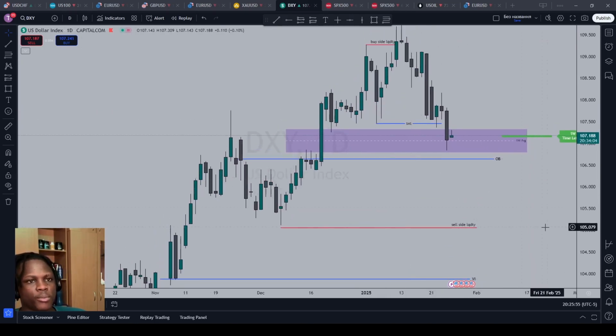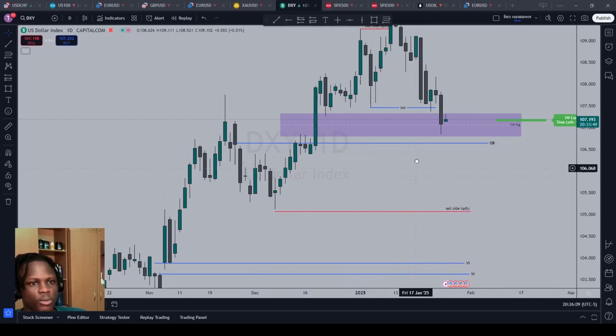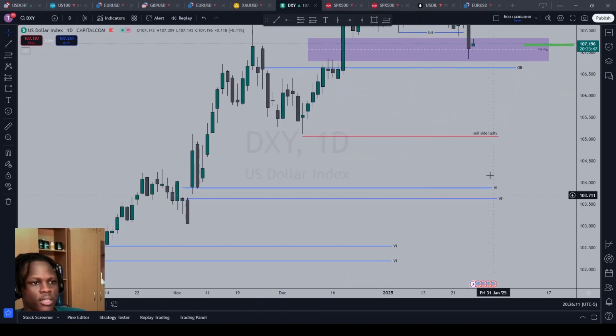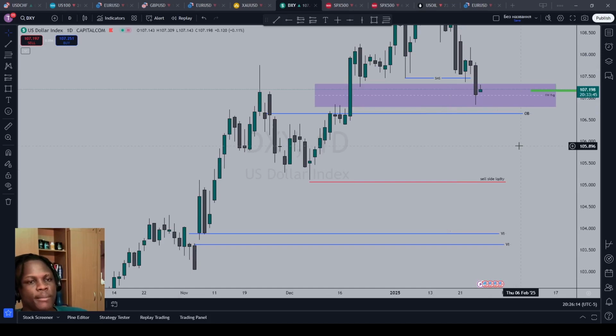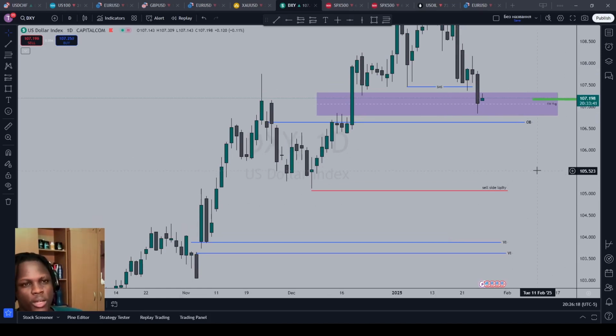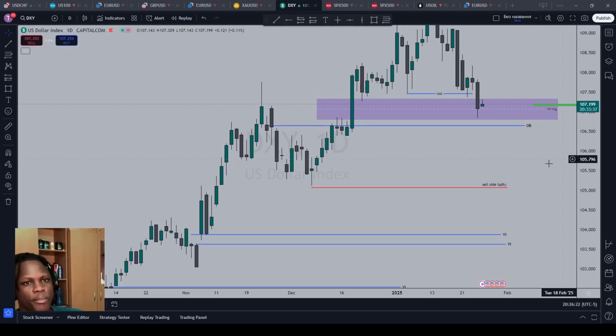If the market is supposed to move in a clearer way, taking this as a bracket market structure, the market is supposed to go to these lows, and after it's closed below these lows, this is our target. That's why I'm not really quite confident into this coming week. I would want price to tell me more on what's going to happen.